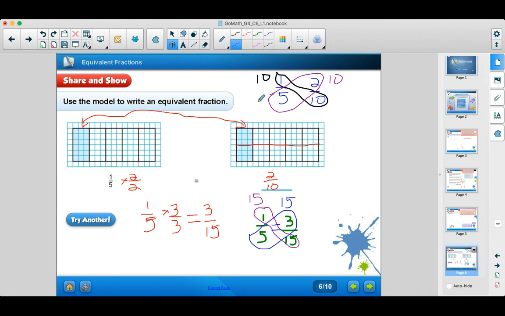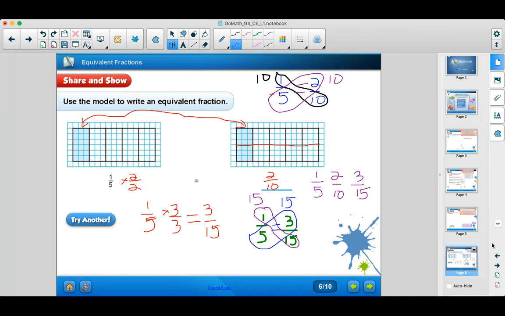Make sure you multiply these two. So is 10 equal to 10? Yes. So that is also an equivalent fraction. So 1/5 and 2/10 and 3/15 are all equivalent fractions.